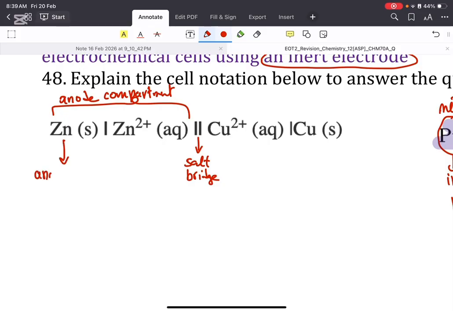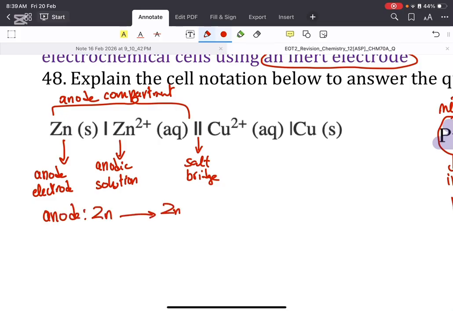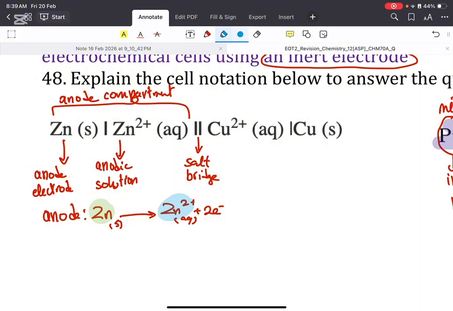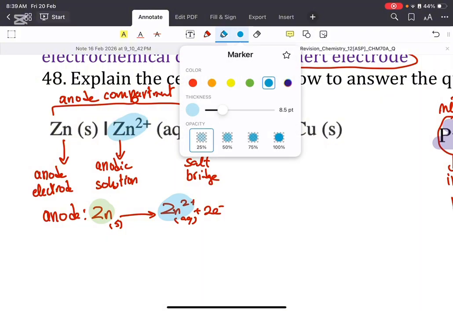That's the anode electrode, and that is the anodic solution. And the reaction occurring at the anode is zinc going to Zn2+ plus 2 electrons. So I'm explaining this cell notation. So that is a reactant, and that is a product.